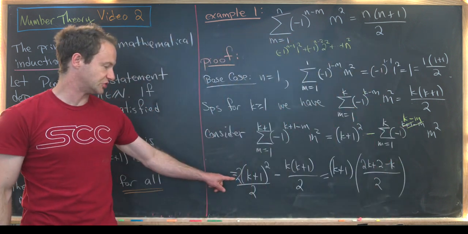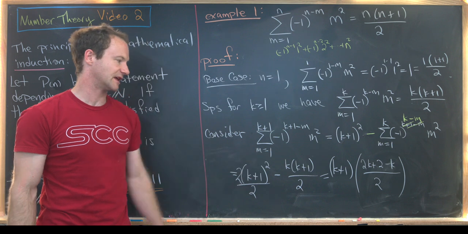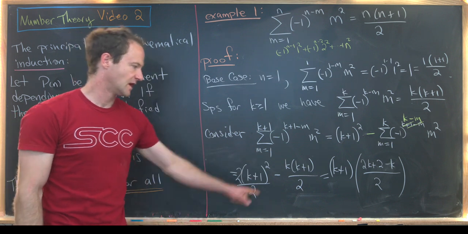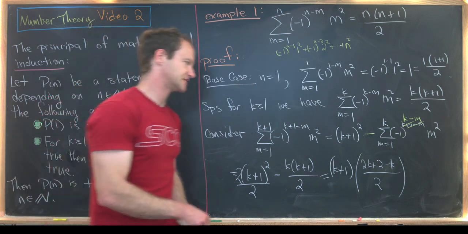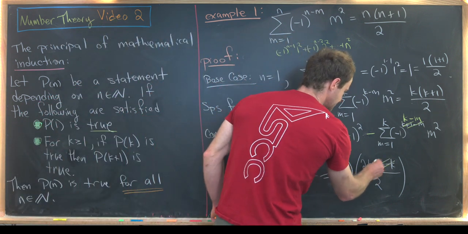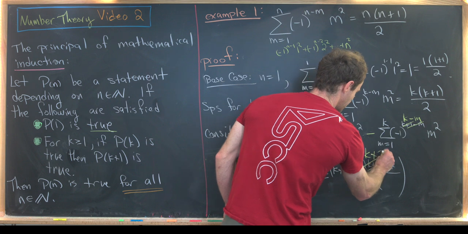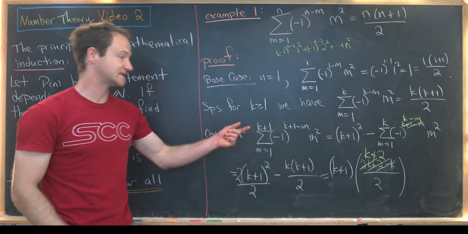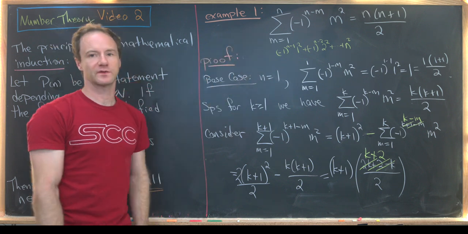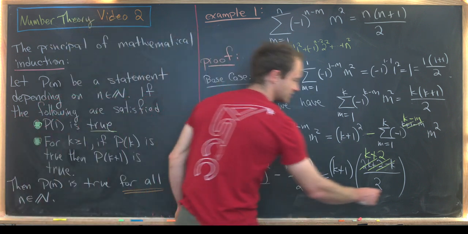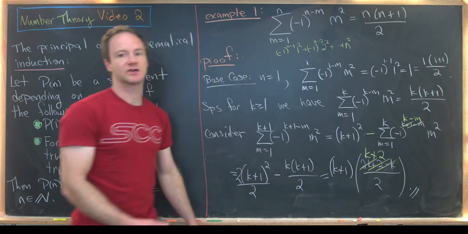That's from the 2 onto the k plus 1 that's left over after factoring out, and then we just factor the k plus 1 out of that term. But it's pretty easy to see that this is going to cancel down to k plus 2, which is exactly what we need for it to hold this formula up here. So that finishes this proof by induction.